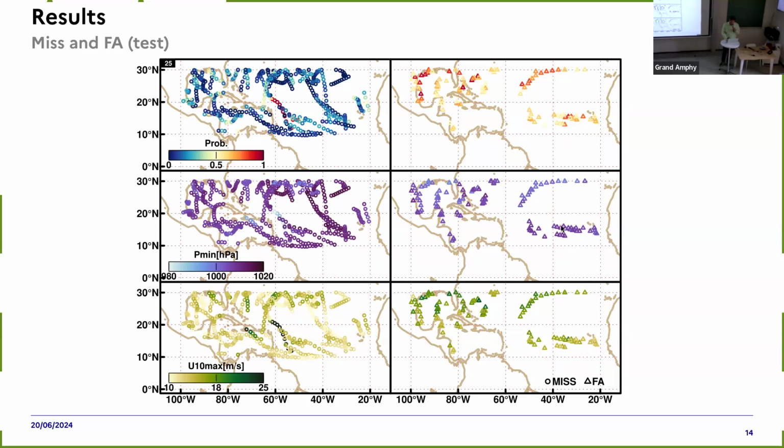And on the right, for the false alarms, if you look at the probabilities on top, it's something which is close to the edge of the domain. So there is a border effect, I guess, or something which is quite random here. And most of the probabilities are very close to 0.5, except those here.